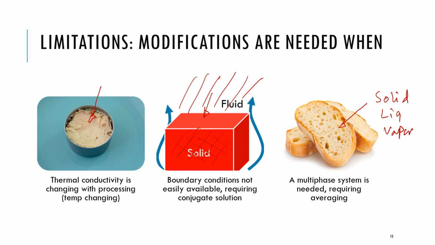And that kind of averaging for a multi-phase system is really discussed separately. This multi-phase transport thinking of food as porous media is discussed under separate modules, and the reader is referred to those modules for more details.